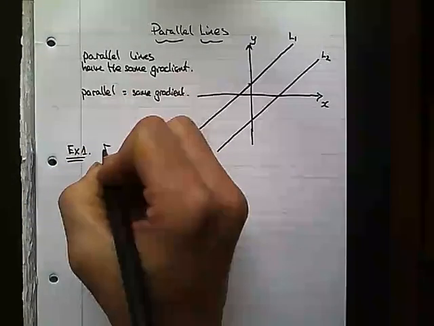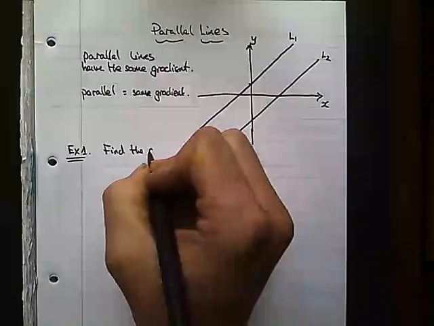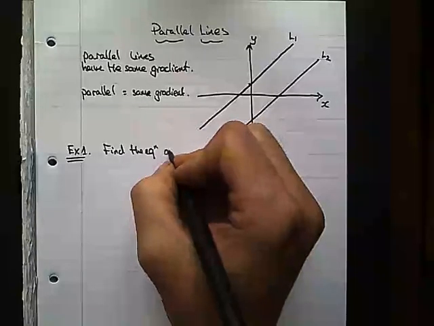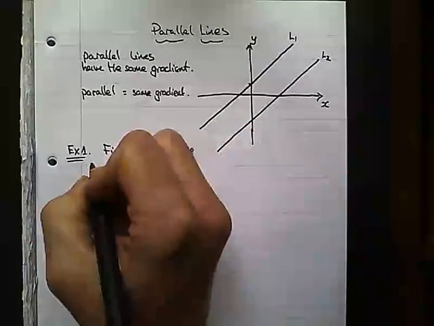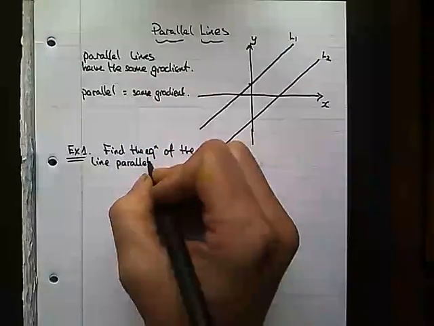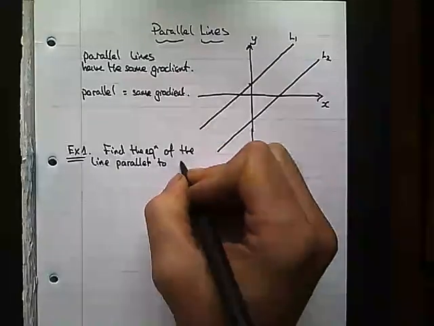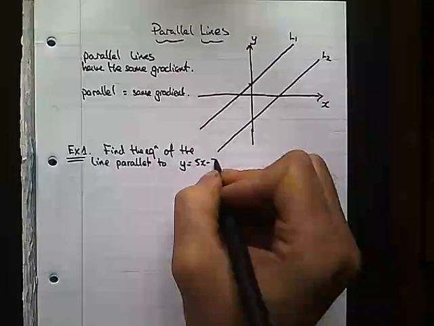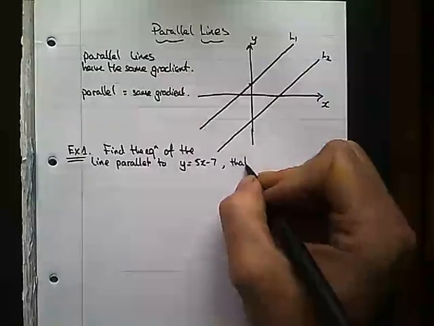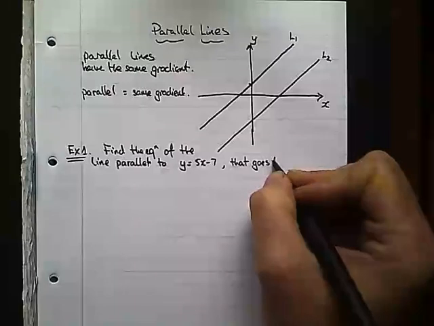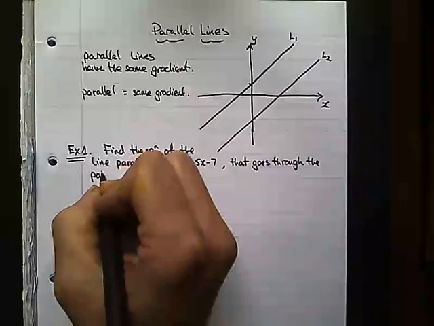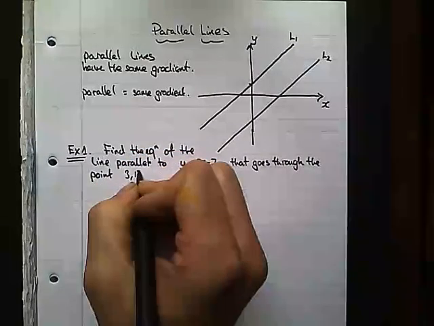Find the equation, EQN, of the line parallel to y equals 5x minus 7 that goes through the point (3, 17).